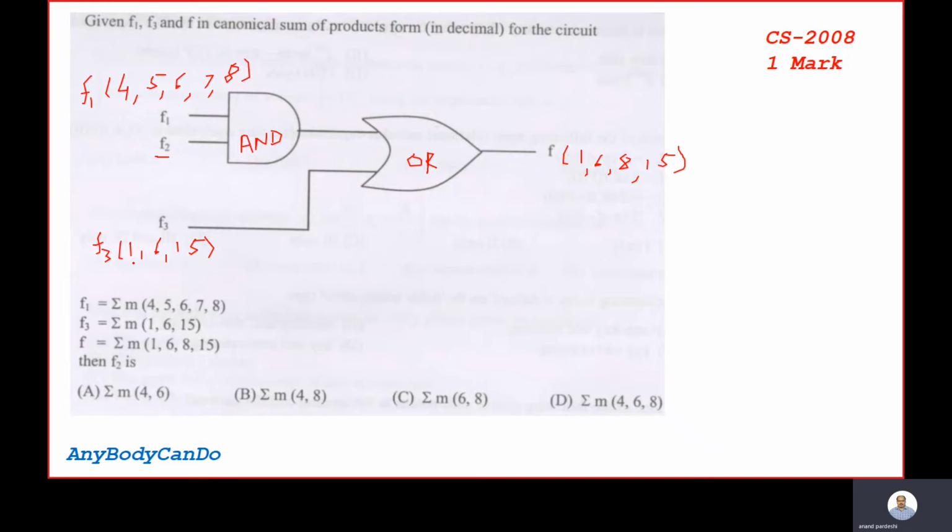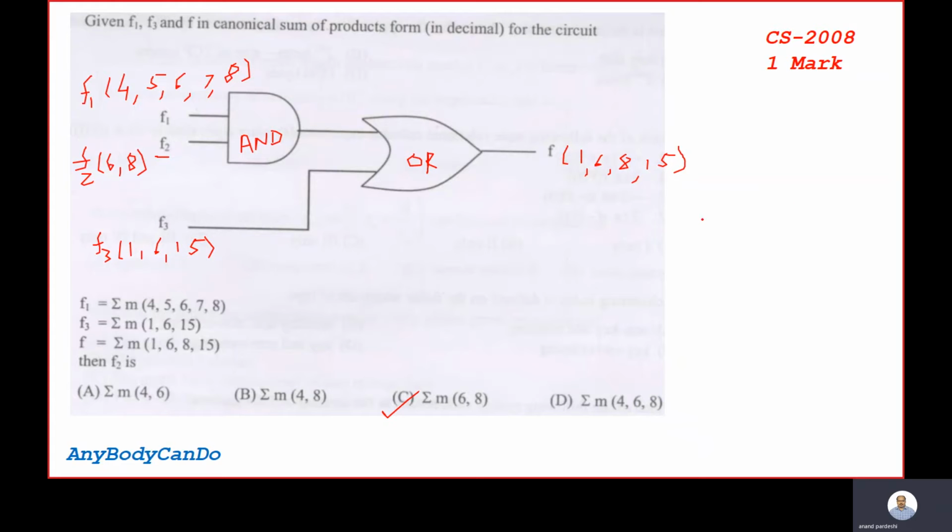So from F3 we are getting which value? 1, 6 and 15, which are there in the output, and from F1 we are getting 4, 5, 6, 7 and 8. So basically, with the help of AND gate, which are the two values we are requiring? Which is nothing but 6 and 8. So the correct answer for this question is 6 and 8. So let me take the value F2, which is nothing but 6 and 8.